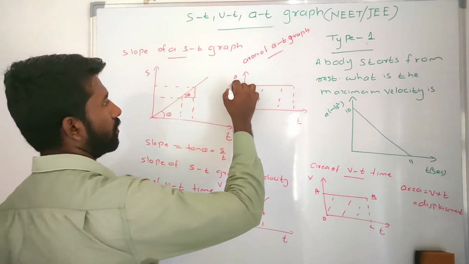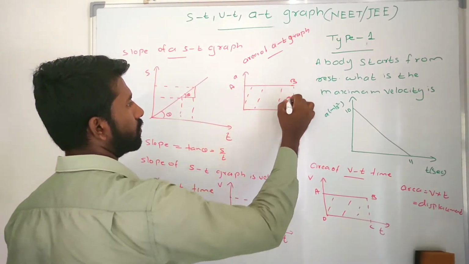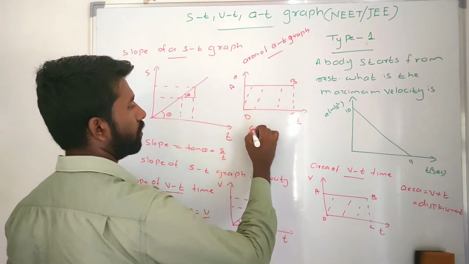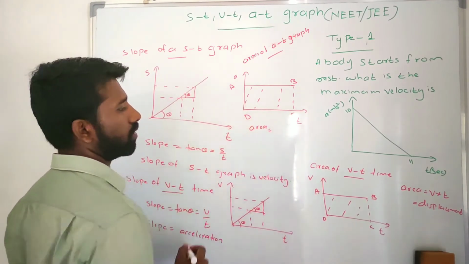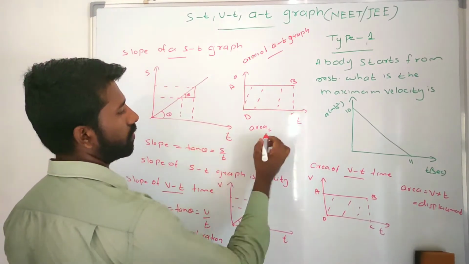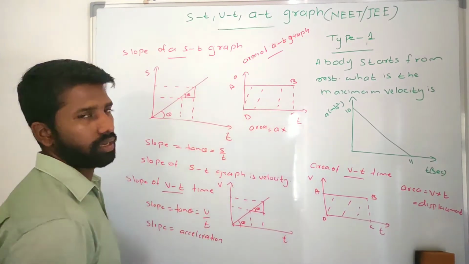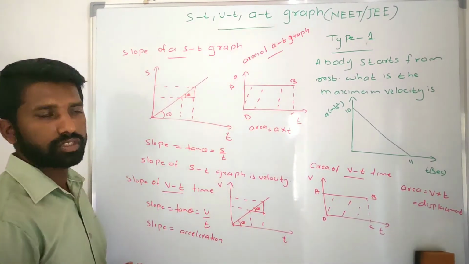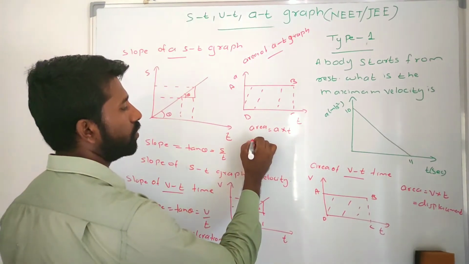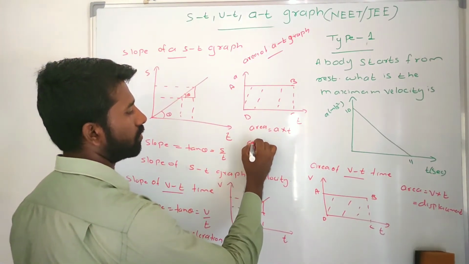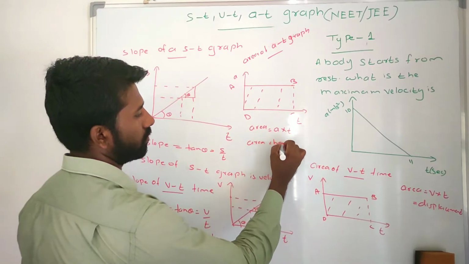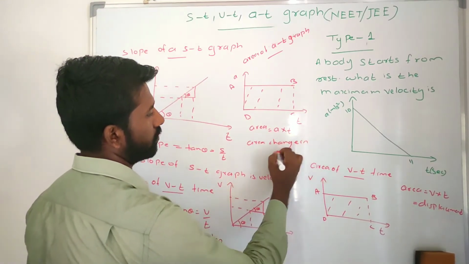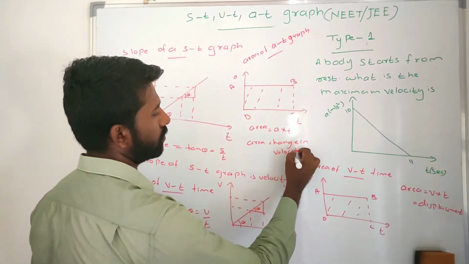A, B, C, D. What about the area? Area is equal to this side into this side. This side is acceleration, and this side is time. So acceleration into time is equal to change in velocity.